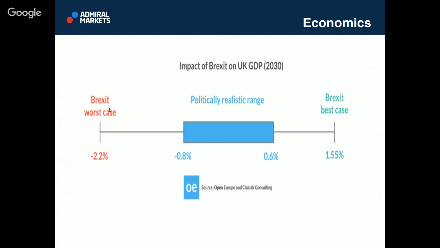Brexit worst case says that UK GDP by 2030 will be minus 2.2, but you see the scale is going up towards 1.55. So the immediate scenario is telling us that it won't be good for the UK, but the midterm scenario, the next 10-15 years, favors Brexit.